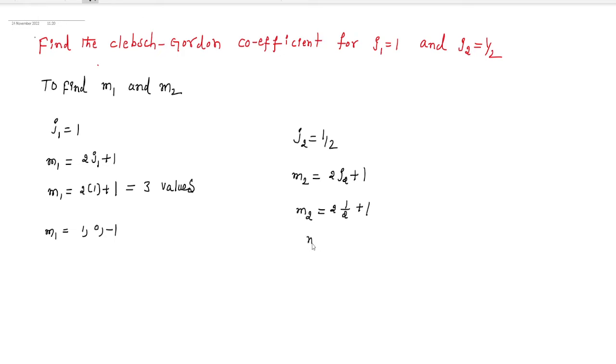Then m2 has 2 values. The 2 possible values are one is plus 1 by 2, another one is minus 1 divided by 2.